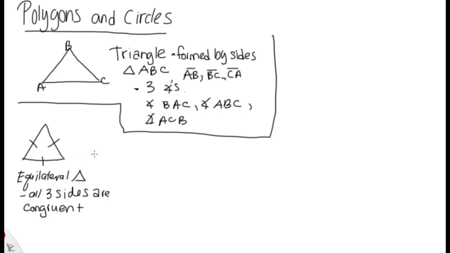Next triangle we'll look at is an isosceles triangle. Isosceles triangle says that at least two sides are congruent. So here's one side, at least two here are the same.